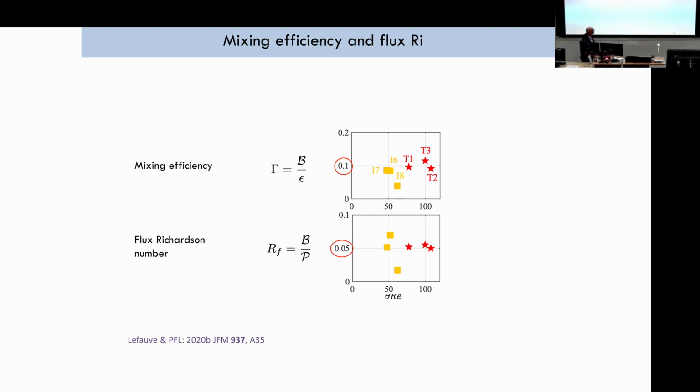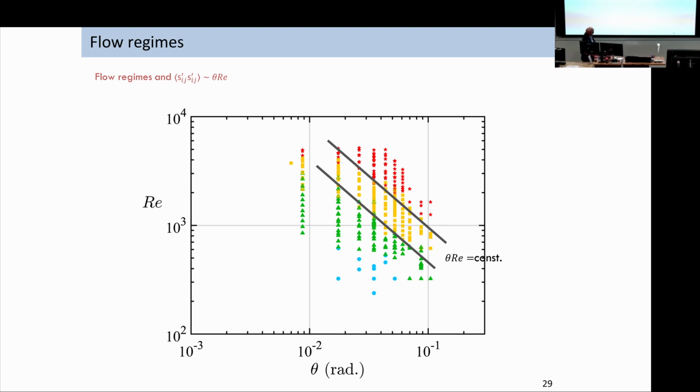Okay. And just to say one other feature that you can deduce from these experiments. As I said before, the transitions from laminar to waves to intermittent to turbulent go on this theta Reynolds number constant terms, and we can look at what happens if we stay on one of these regimes, on a line of constant theta Reynolds numbers. So let's suppose in the turbulent case, for example.